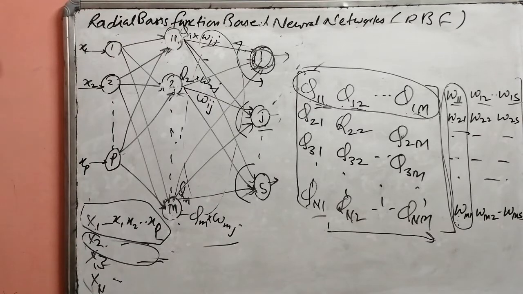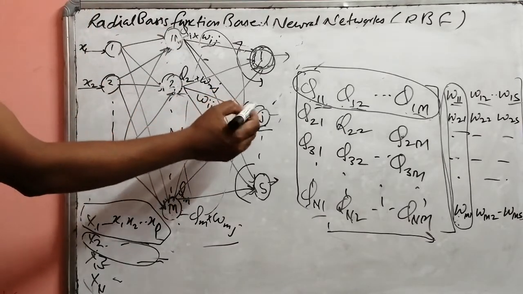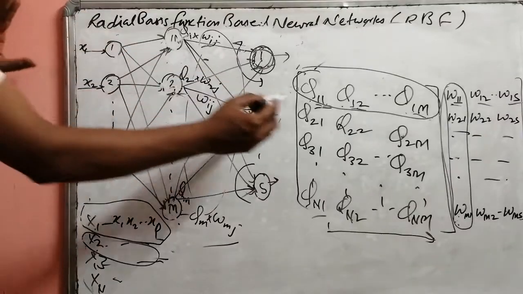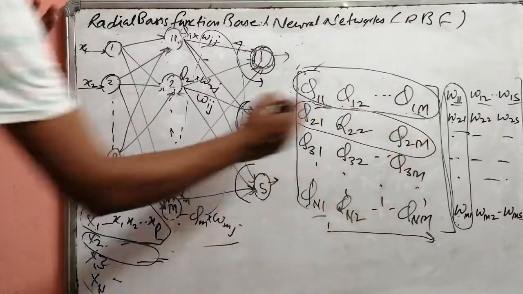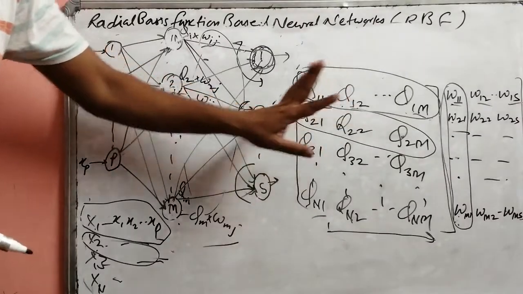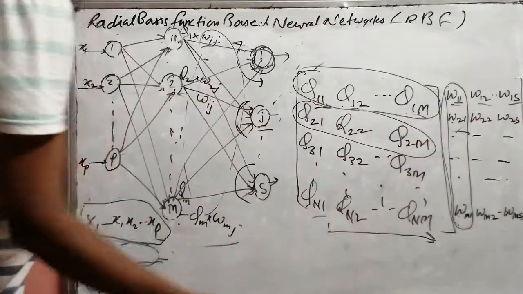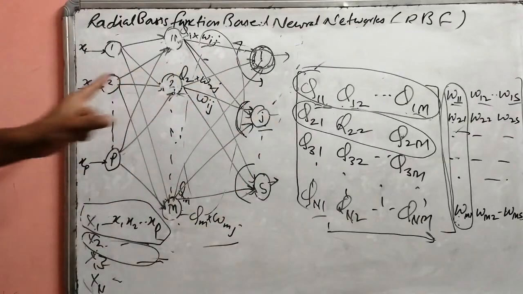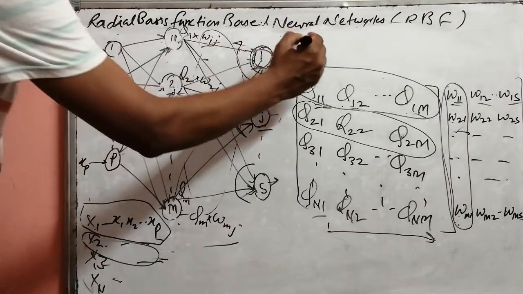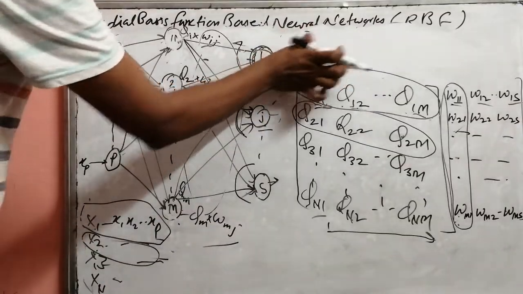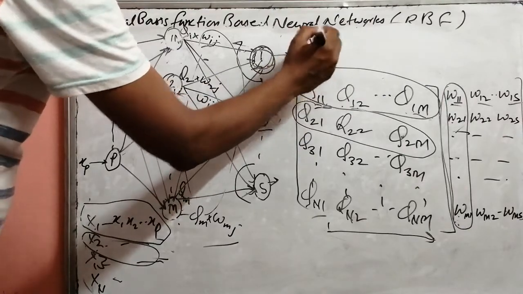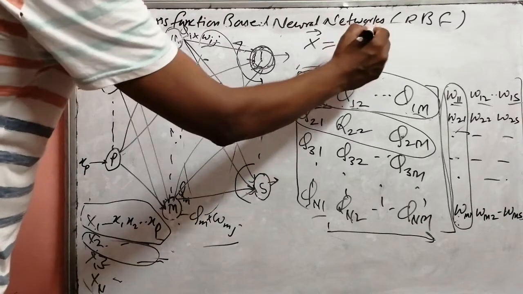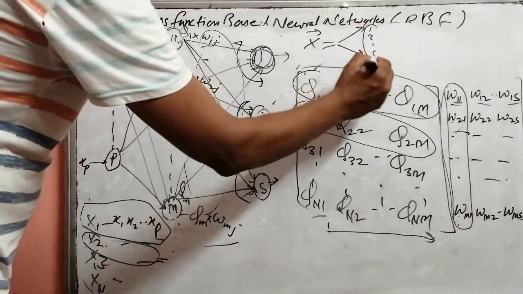In the same way, the input at the second neuron, let j be equal to 2, can be seen as the multiplication of this row and the corresponding column. And one thing more to clarify is that in the case of this radial basis function network, each pattern X is supposed to get equal chances for classification into 1, 2, up to s number of classes.